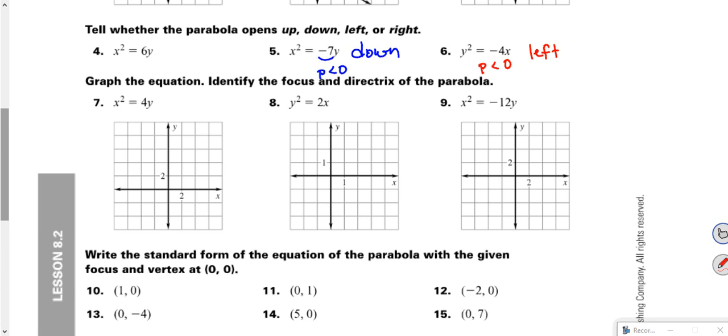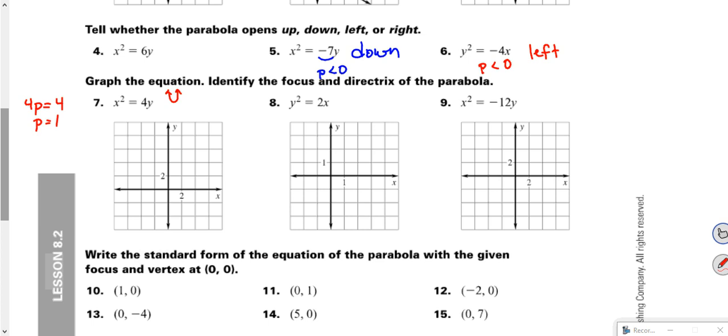I'm just going to go quickly, we did 4 of these on the study guide, so I'm not going to spend a whole lot of time. But on number 7 here, x squared equals 4y. So that means that 4p equals 4. So p is 1. This is going to open up because the 4 is positive.